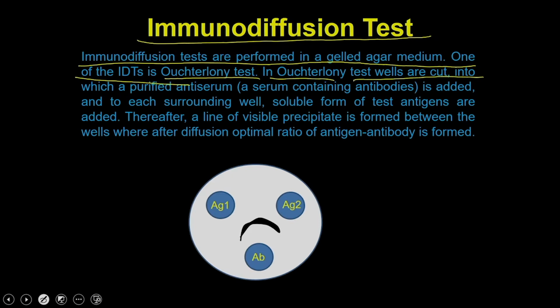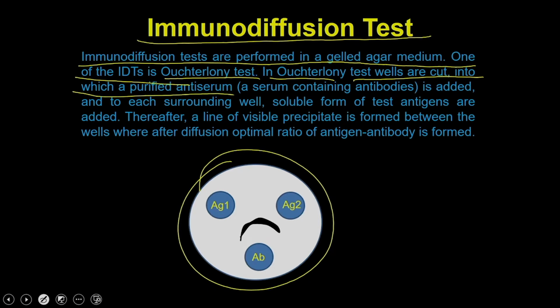You have an agarose block, and in this block you cut wells containing the antigen or the antibodies, and then the antigen is going to diffuse out from these wells in all directions.